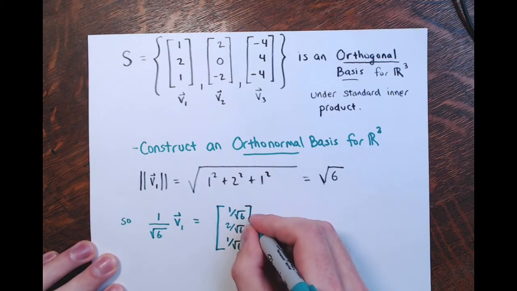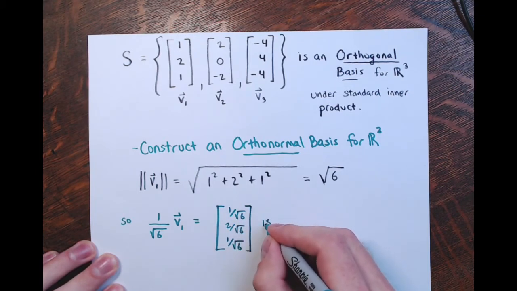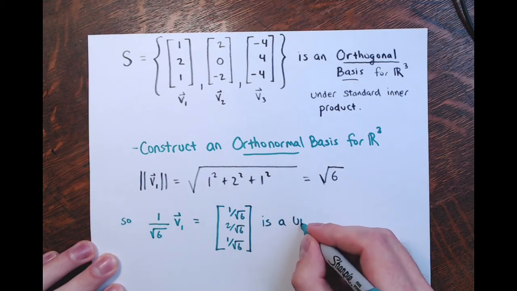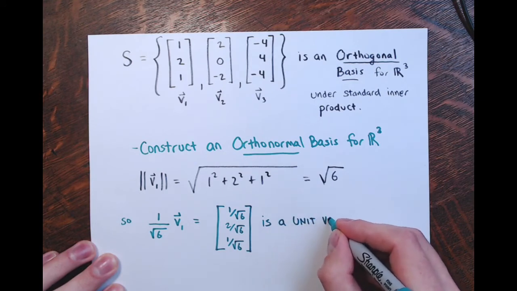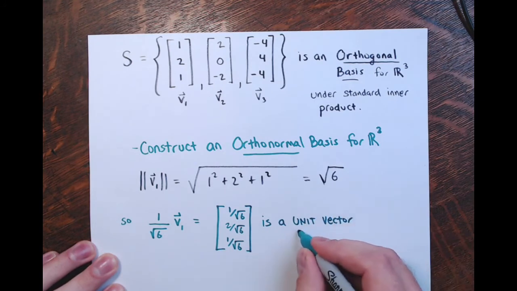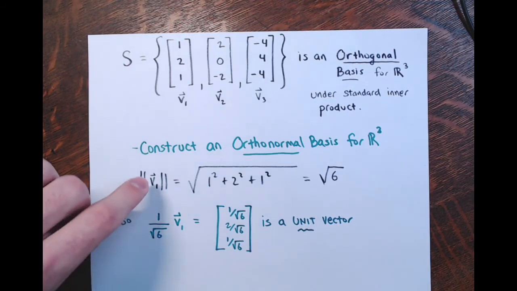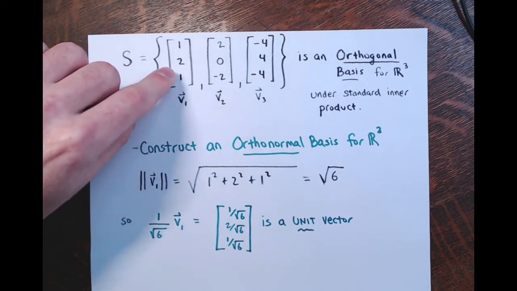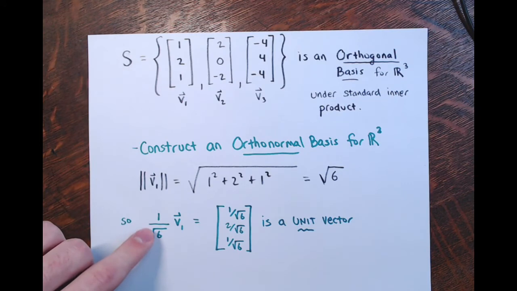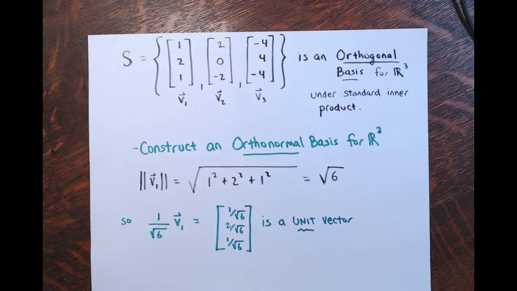This vector is a unit vector. And what I just did, by taking a vector and multiplying it by the reciprocal of its norm, that's called normalizing a vector, right? Normalizing.